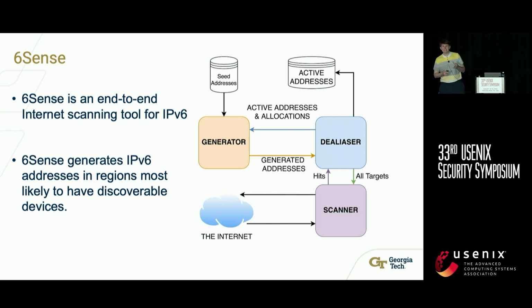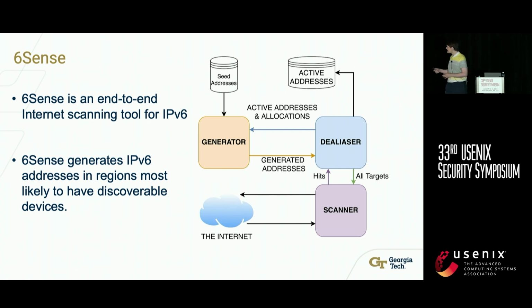6Sense, unlike a system like ZMap, which can just have the scanner component, requires a number of different components. It has a generator, the core part of 6Sense, that does this guessing. The generator takes in seed addresses from DNS, traceroutes, and it guesses possible new addresses.